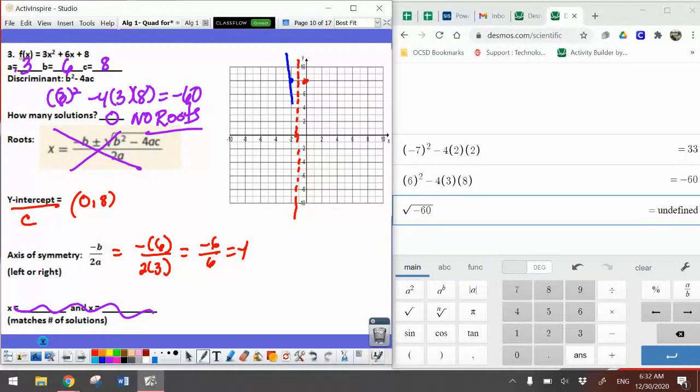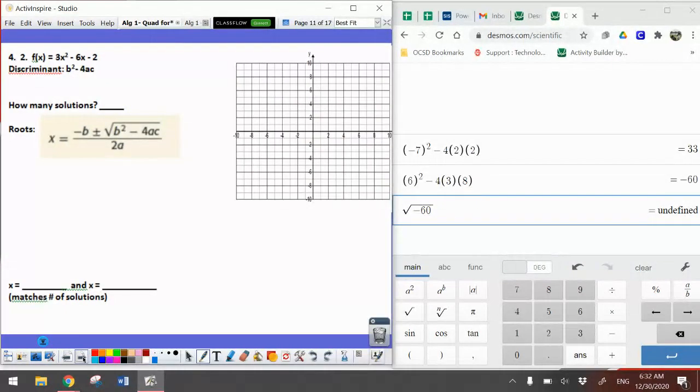And I know it's not touching. So I can just kind of come down and go back up. And this one is a smile because A is positive. It's bigger than 0. But my axis at least lets me get something going to be able to graph it.